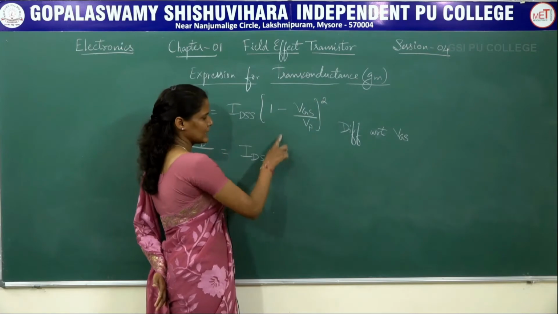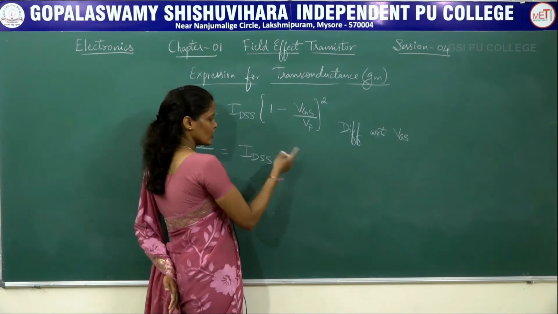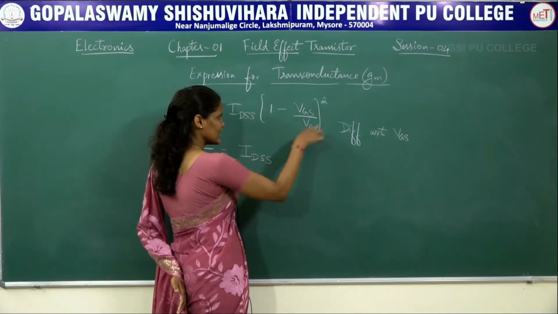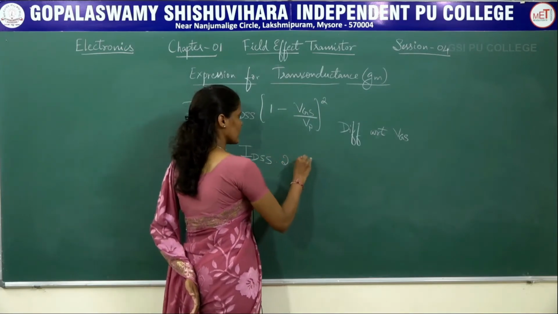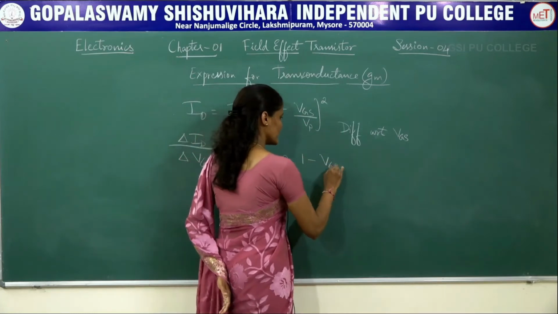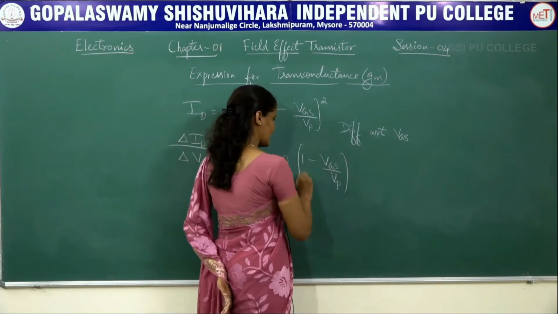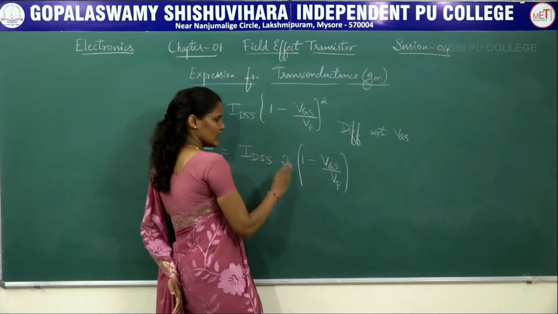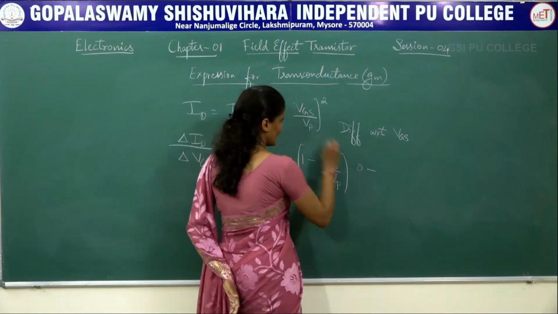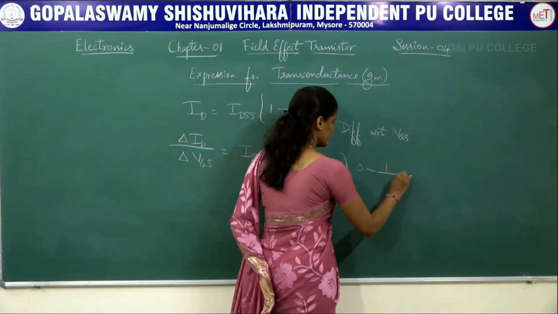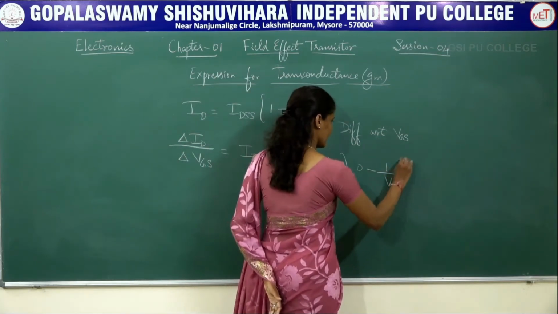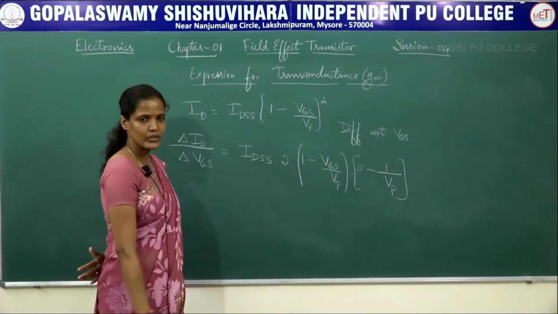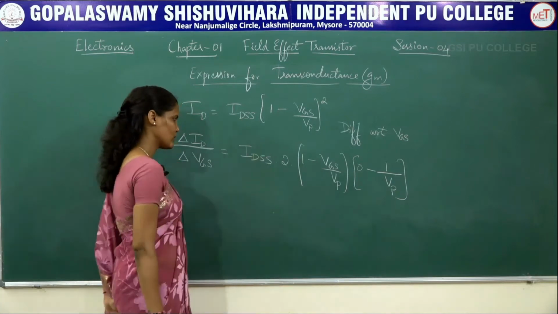This entire thing is like x square, and differentiation of x square is 2 into x. So 2 times of 1 minus VGS by VP, and differentiating this inner part with respect to VGS, differentiation of 1 is 0, minus 1 divided by VP. This is what we are going to get after differentiating this particular expression with respect to VGS.